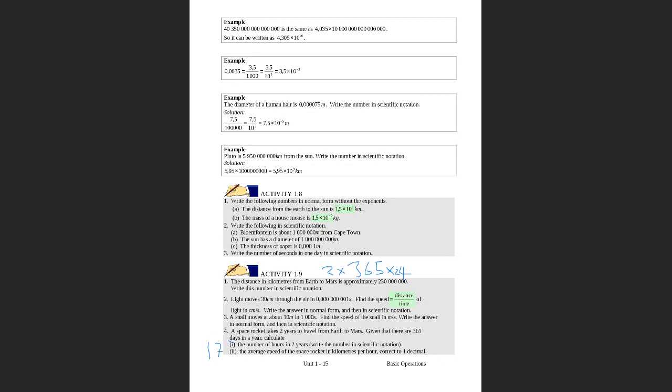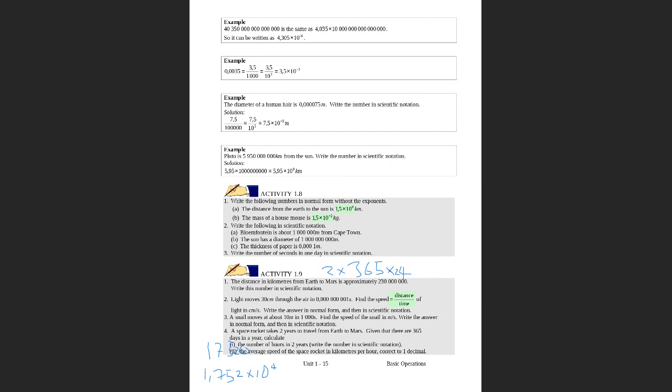Then we converted to scientific notation. We got 1.752 times 10 to the power 4.